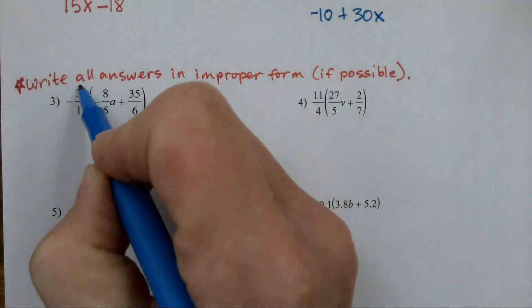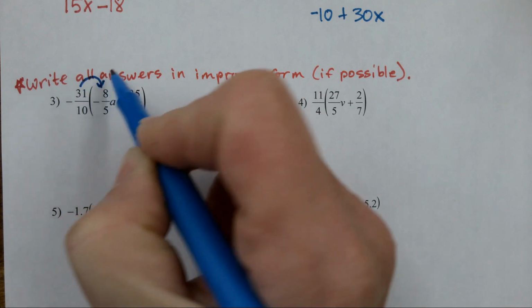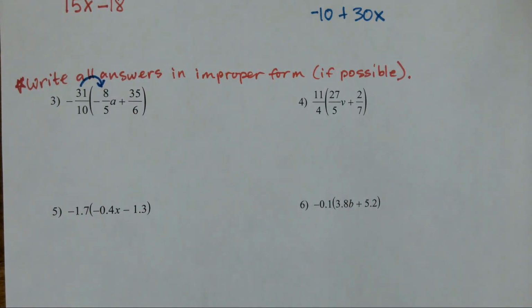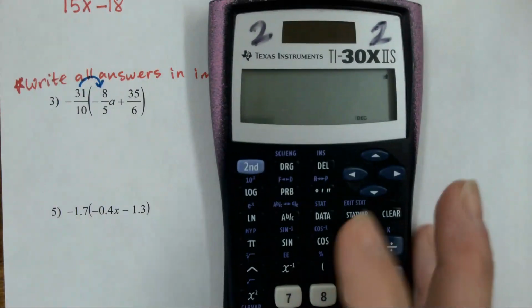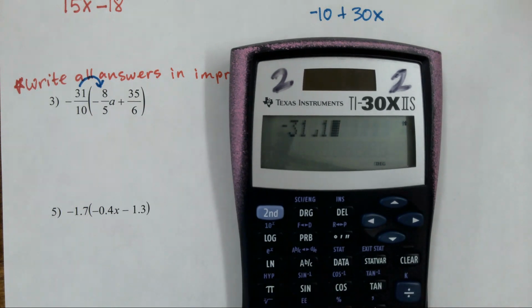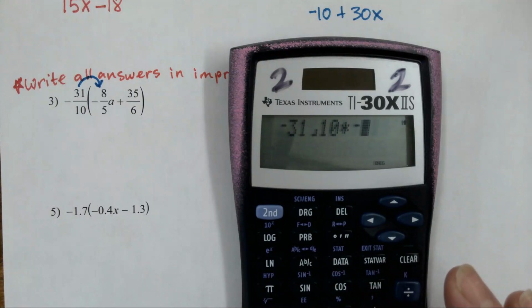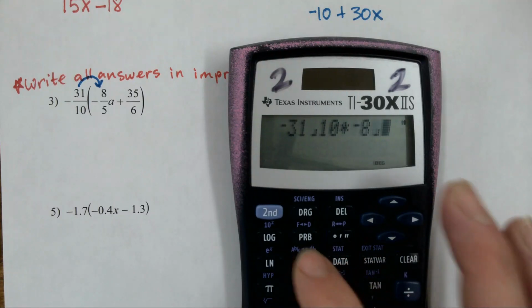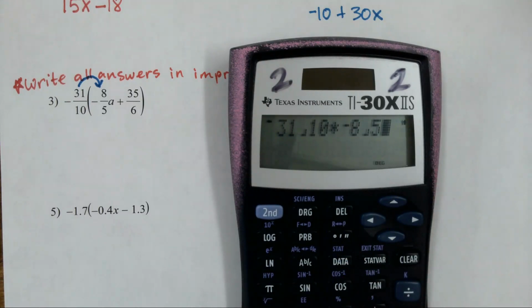So I have to do negative 31 tenths times negative 8 fifths. So I'm going to grab my calculator and do that. It is negative 31 fraction 10 times negative 8 fraction 5. It doesn't matter that the negative is in front.